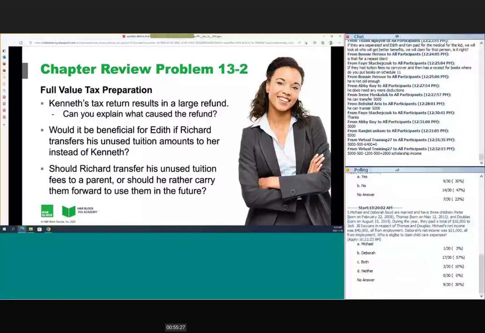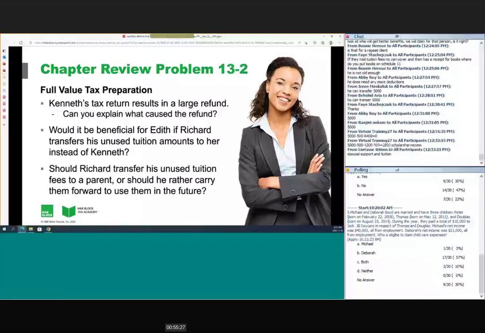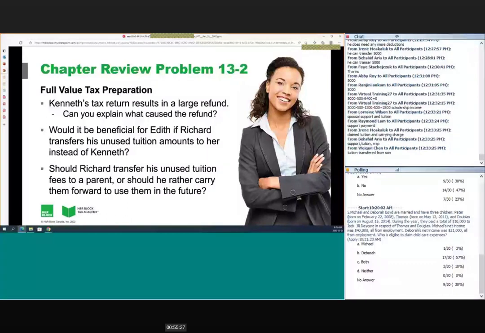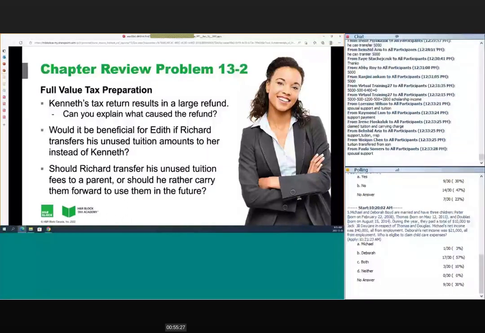What would the reasons be? Exactly. Thank you, Lorraine. That's right. So Kenneth is going to get a deduction of over $6,000 for spousal support, and he also now has the tuition that he's getting from his son. So yes, we would expect that Kenneth would have a refund.